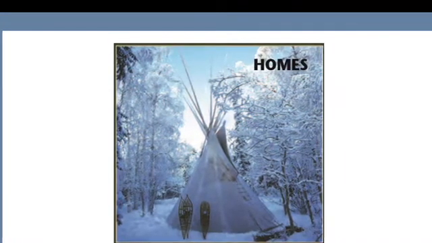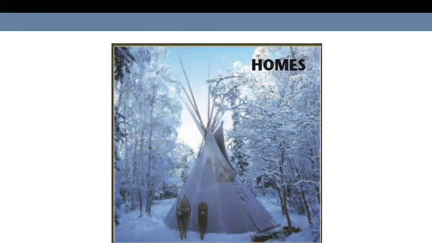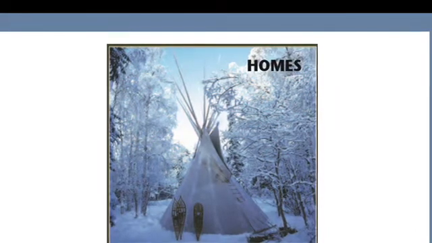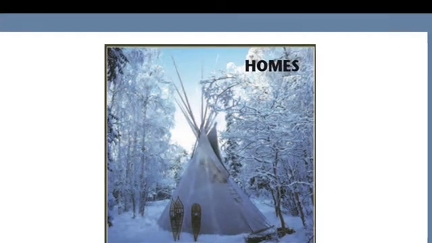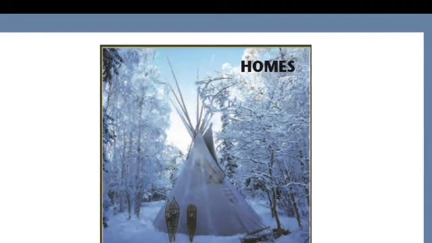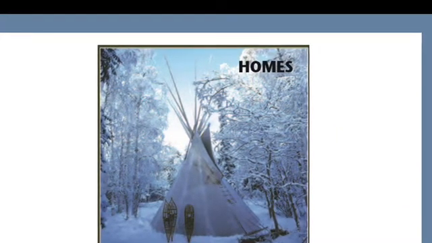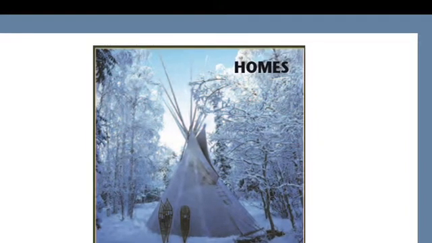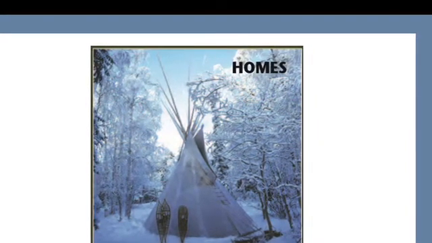In winter, the teepees were lined with fur for extra warmth. This is very different than how the Powhatans lived. They lived in long houses. If you remember, they built their long houses out of wood, but you couldn't pick up a long house and move it anywhere. That's why the Lakota chose to live in teepees, so they could pick up their houses and move them anywhere.